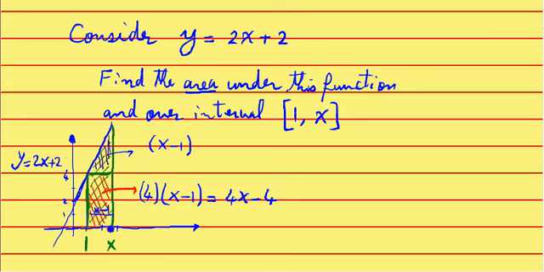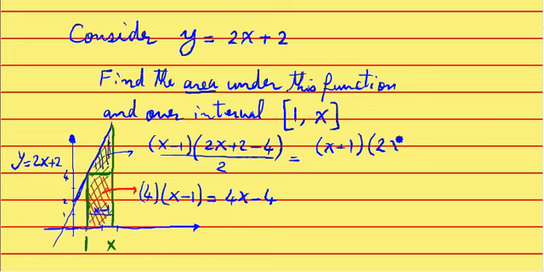Plug x here, you get 2x plus 2, minus this height, which is 4, gives us the height here. Now I have to multiply base and height, divide by 2. Let's simplify this. I write x minus 1 times 2x minus 2, divided by 2.